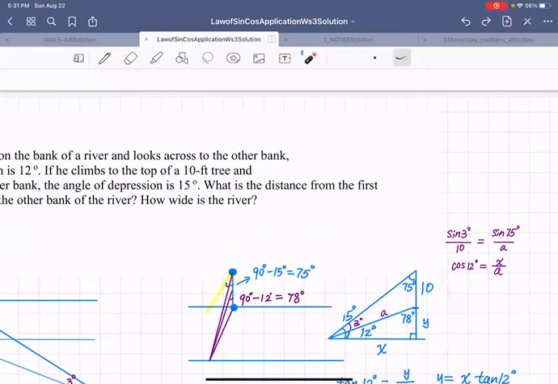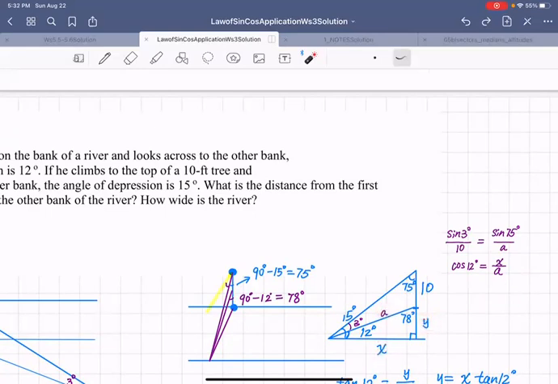Everybody go ahead and use the trigonometry we have learned so far to figure out. This is 10. This is 15 degrees. This is 12 degrees. Go ahead and get this one and get this one. You may also tell how tall is the boy, but we are not asking this. We are asking here and here.